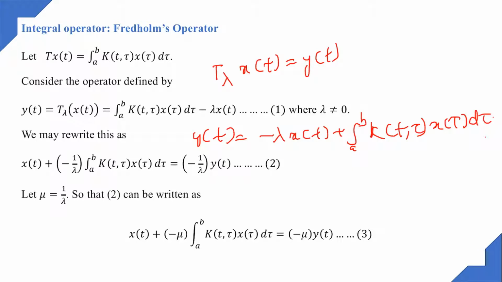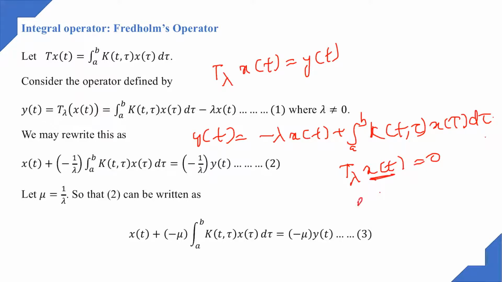Suppose in equation 1, if y is equal to 0, then the equation will be T_lambda of x(t) is equal to 0, or T of x(t) minus lambda times x(t) is equal to 0. Suppose this equation has a non-zero solution x(t).